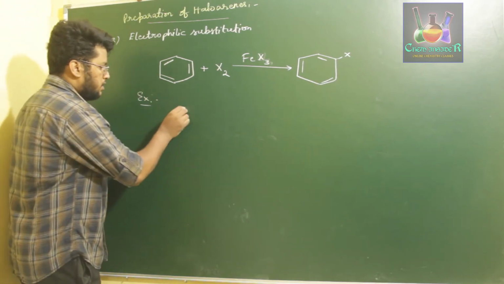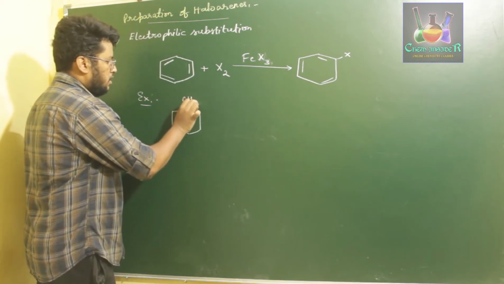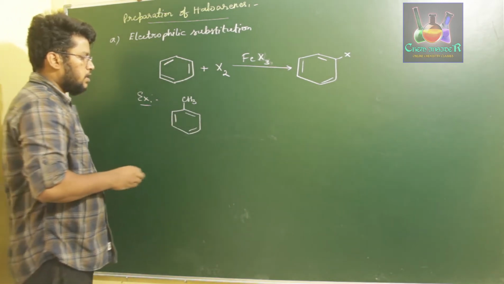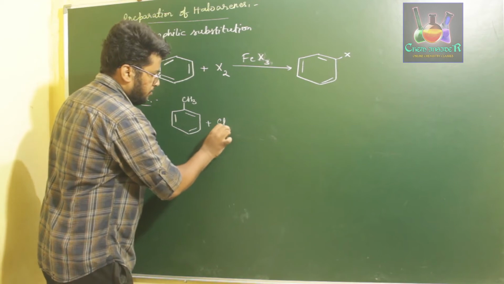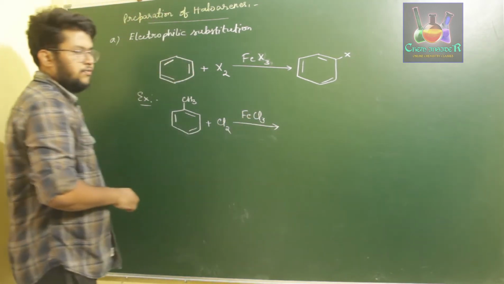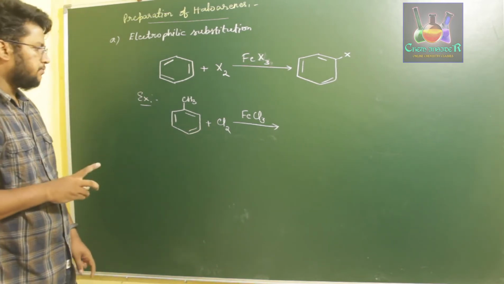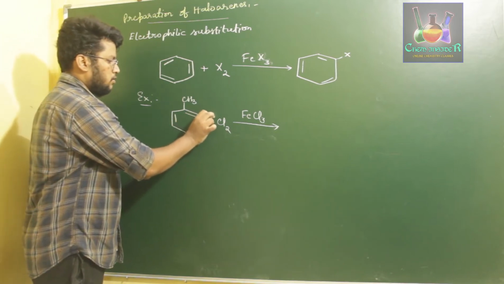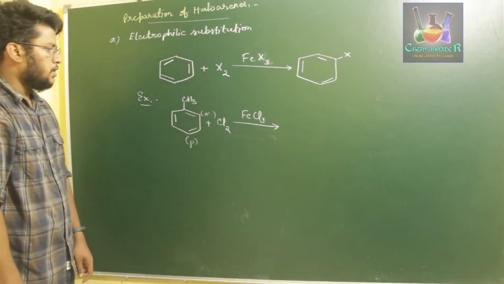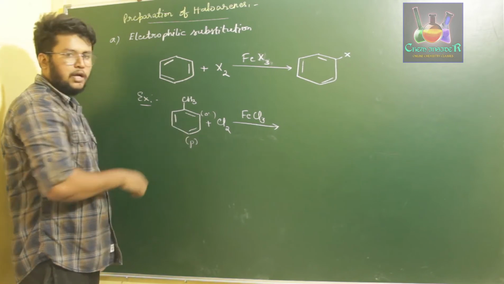For that, let us consider the example of toluene. Toluene is nothing but a benzene ring with a CH3 group attached to it. For this toluene compound, if you treat it with chlorine in the presence of FeCl3, the chlorine can get attached at two positions. One is the ortho position, the other is the para position. This is because the CH3 group present here is ortho or para directing.